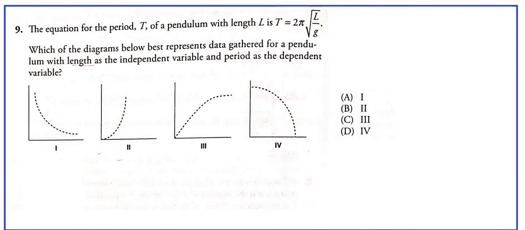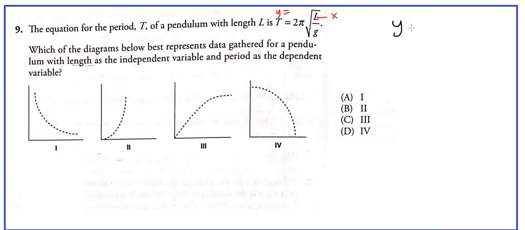In this question, we were given that T is the dependent variable, like y, and L is the independent variable, like x. The graph of this equation is like the square root of x, because 2 pi is a constant number and g is a constant number.